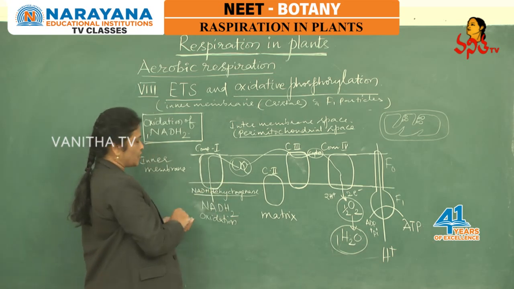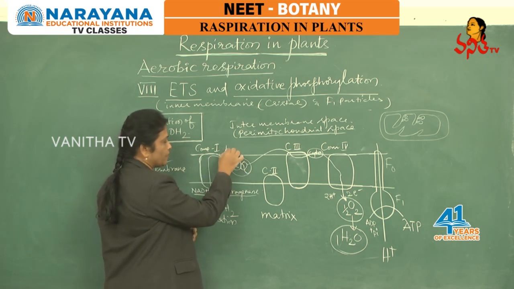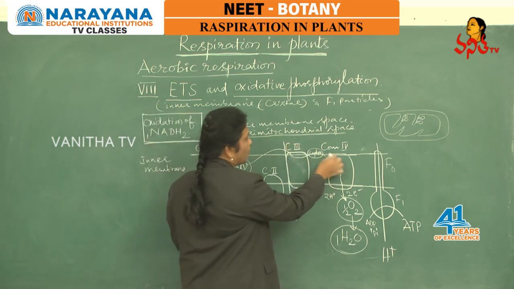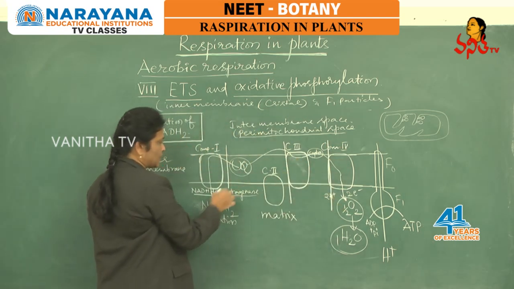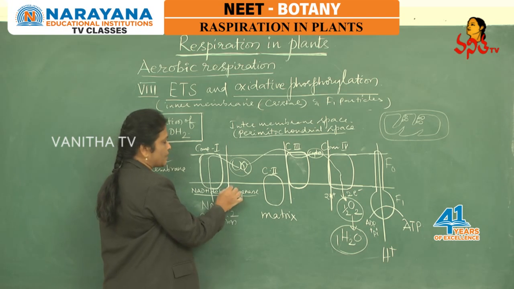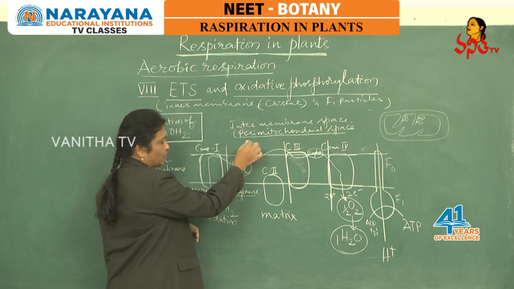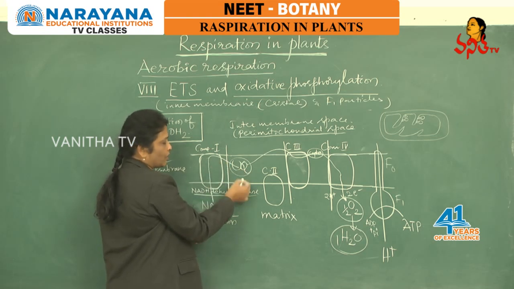Now coming to the energetics, the electrons are carried through various electron carriers from complex 1 to ubiquinone, from ubiquinone to complex 3, and then from complex 3 to complex 4. In these total 3 steps, the protons from the matrix are translocated into the perimitochondrial space, because ubiquinone is not only an electron carrier but also a proton transporter, so it pulls protons from the mitochondrial matrix.